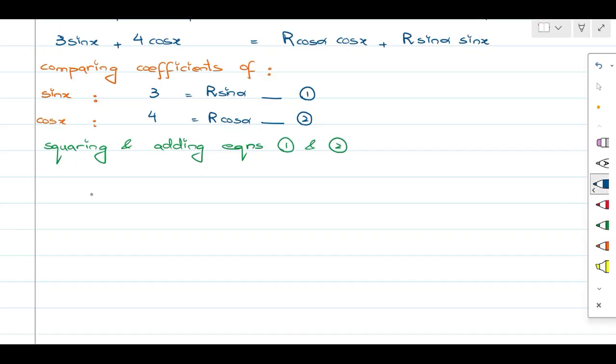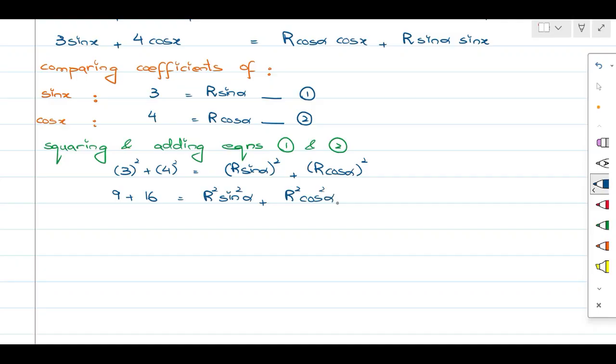Okay, now let me square the two equations. 3 square plus 4 square would be equal to r sin alpha whole square plus r cos alpha whole square. 3 times 3 is 9, 4 times 4 is 16, which is equal to r square sin square alpha plus r square cos square alpha.